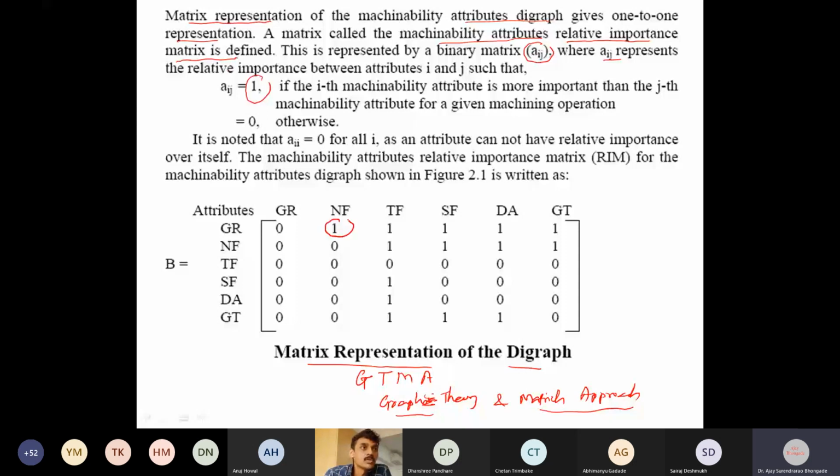So this is more important. GR is more important than NF. If I see it in the opposite way, from NF to GR, there is 0. So NF is not important with respect to GR. So which is important and which is not important, this pairwise comparison, could be stated using this relative importance matrix.